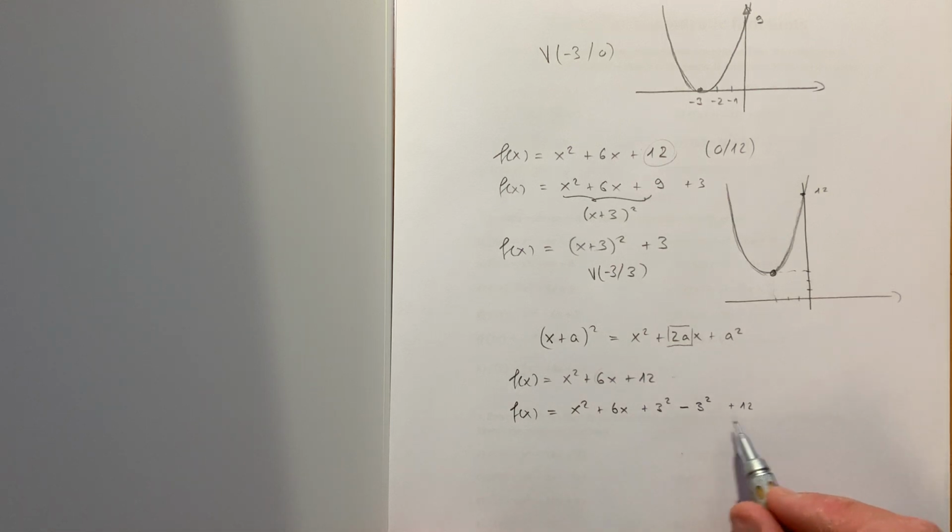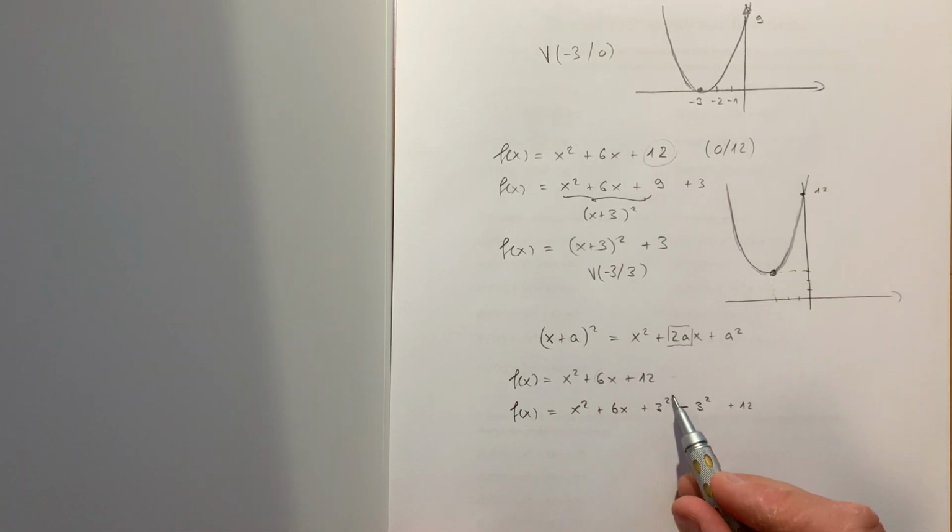Well, this is called completing the square, because now we have added the one thing we want, and we've subtracted it right away because we're not allowed to change the function. And well, in the end, we write what we had before, the 12.